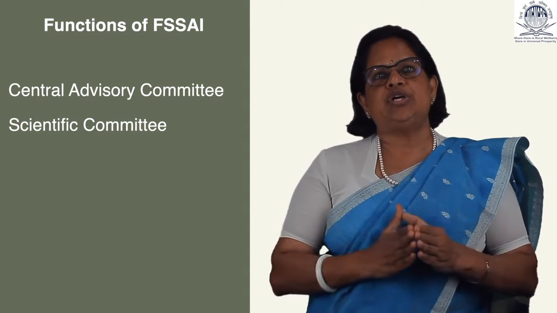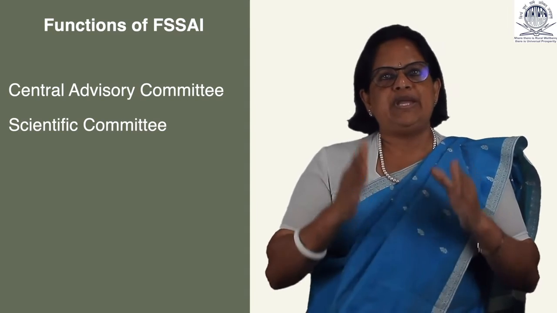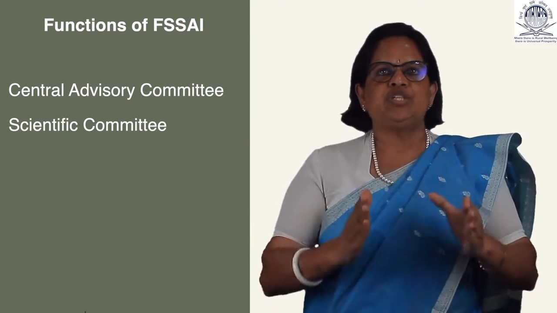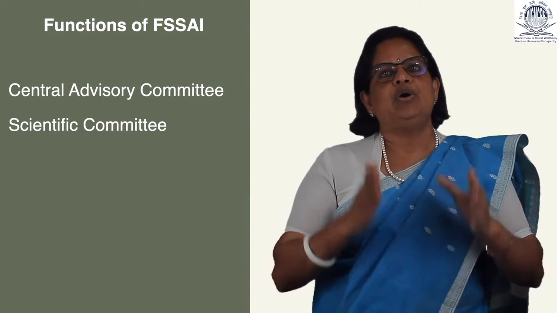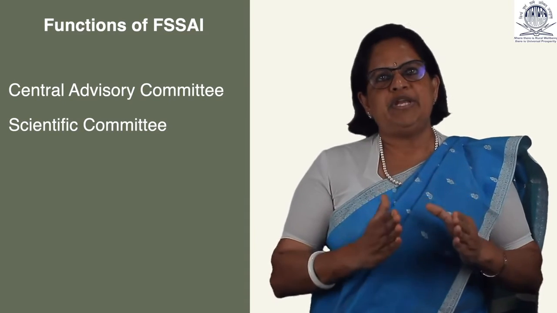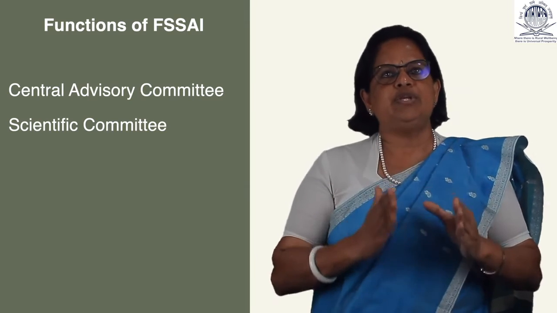Imagine death has occurred due to consumption of that particular food item. The penalty to the responsible food business operator may extend to rupees 5 lakh or even imprisonment depending upon the severity of the situation and how much harm has been caused.